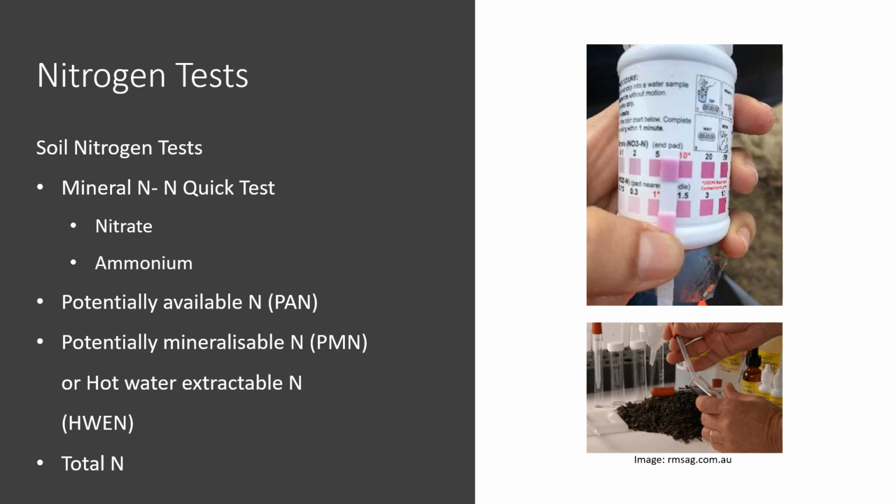This has commonly been the test of choice for cropping. However, the development of the potentially mineralizable N test, PMN, or hot water extractable organic N test, which also measures what N might mineralize over time, has been found to be more accurate and will likely replace the PAN test as common practice. Total N can also be tested, however, this is mostly used for determining carbon to nitrogen ratios.